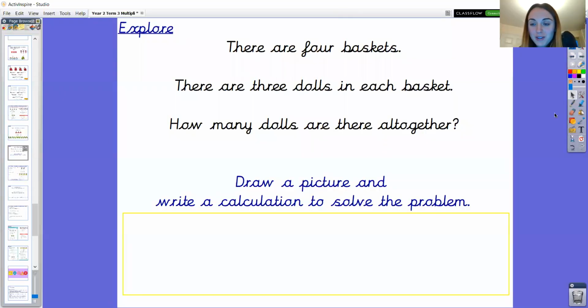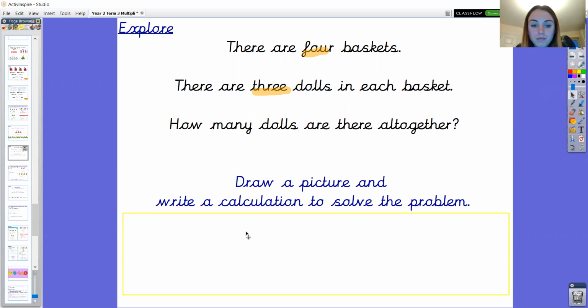Well done, Year 2. I'm going to share my picture with you now, but I'm sure you've drawn some amazing ones. So first of all, I'm going to think about the key information in the story. So there are 4 baskets. So that means there needs to be 4 groups. And there are 3 dolls in each basket. So that tells me that there needs to be 3 in each equal group.